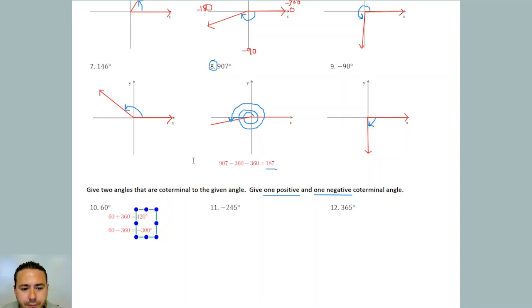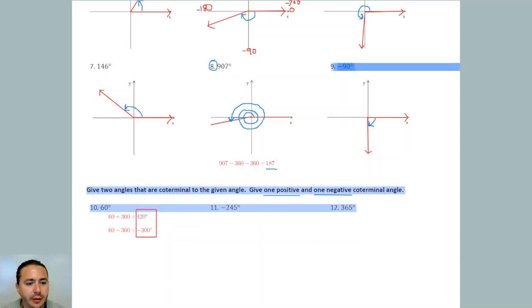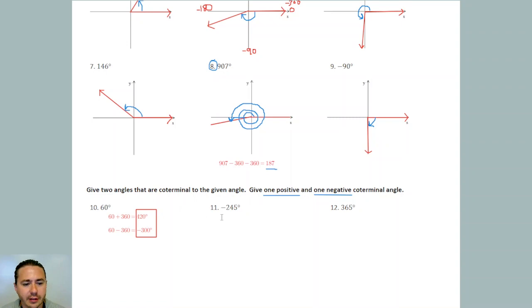Okay, so let's look at number 11 now. Why is that all dotted like that? Okay, anyway, number 11, we're going to do the same thing here. Now notice we're starting with a negative angle. That's not really a big deal. So we've got negative 245 plus 360.